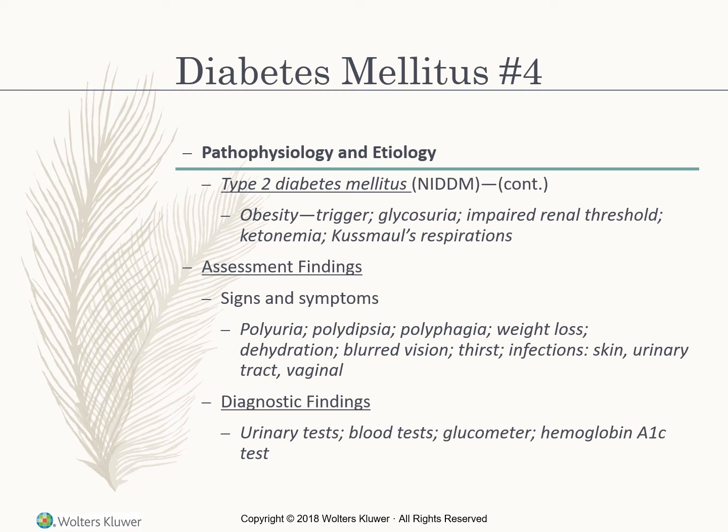Now, this is the doctor's recommended self-monitoring of blood glucose levels that most will do at home while taking insulin, especially clients with unstable diabetes or frequent hypoglycemic episodes. Ideally, we'd like their blood sugar to range from 90 to 130 before meals and less than 180 1 to 2 hours after meals.